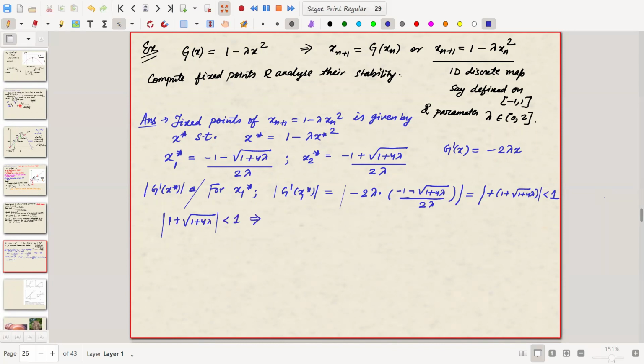From this, now you have this inequality: 1 plus root 1 plus 4 lambda is less than 1. That means this quantity lies between minus 1 and 1. This is a well-known fact. Solve this inequality.